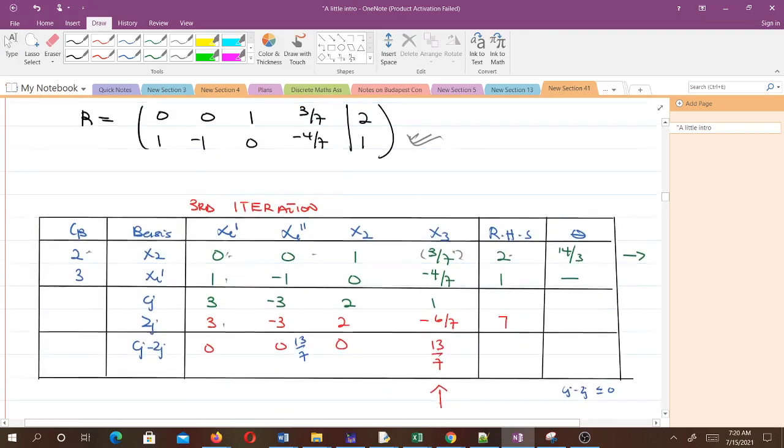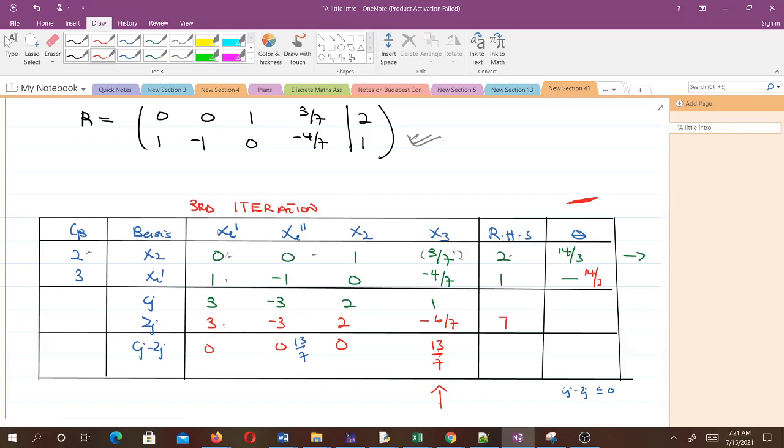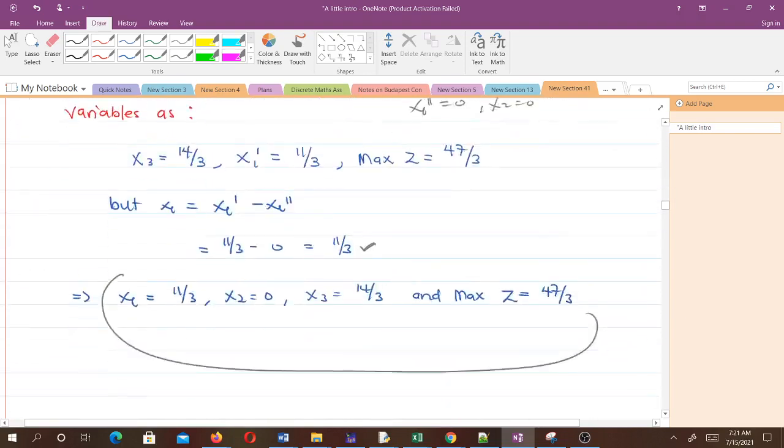When we performed the minimum ratio test, we had 14 on 3 here, and we got a negative value here, so we put a dash. Now what if we had 14 on 3 here, and we also had 14 on 3 here? They have the same value, but one of them is supposed to leave. Which of them should we choose to leave? That's the kind of problem we are trying to address here.